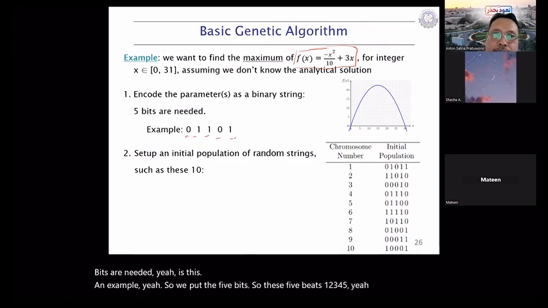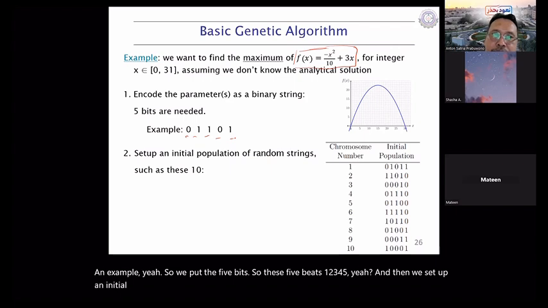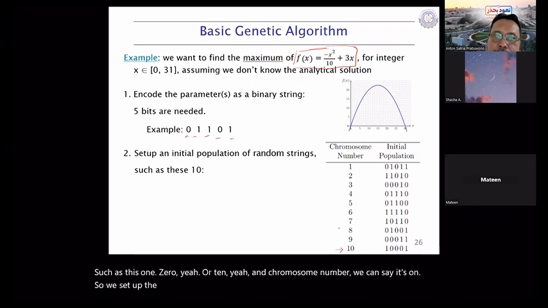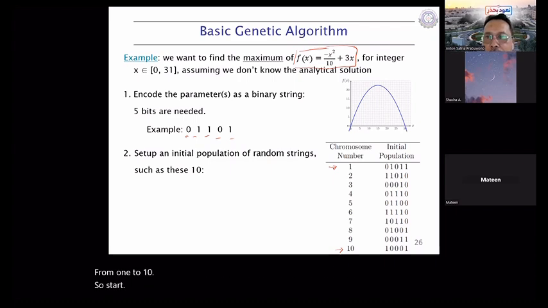Then we set up an initial population of random strings, with chromosome numbers from 1 to 10. For example, this is the initial population.